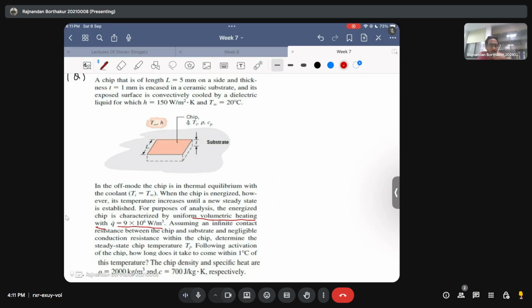Rather, you need to start from first principles. And the second thing is that in the first part of the problem, they are asking you to just determine the steady state temperature of the chip, which is T_F.